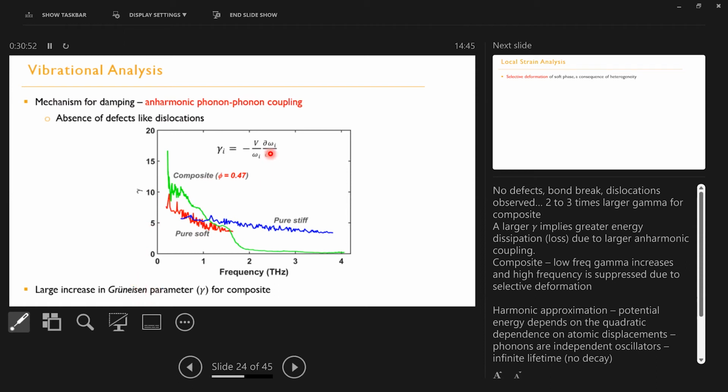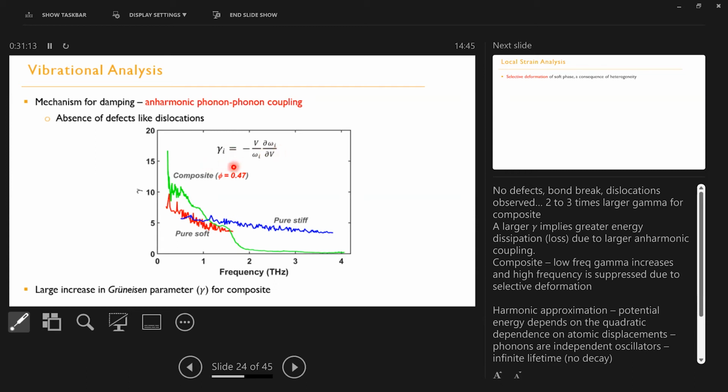I won't go into the math too much, but very briefly, this omega_i that we see here is the frequency of one particular phonon in your system, and there are multiple such phonons in any system.